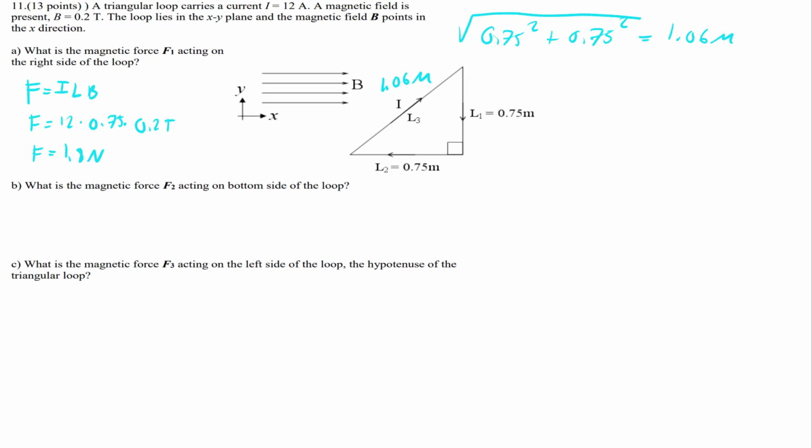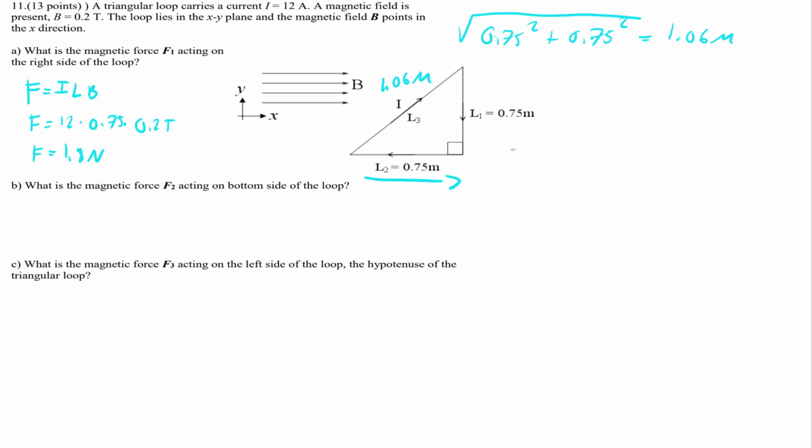Okay, now we have to figure out the magnetic force F2 acting on the bottom side of the loop. Well, notice that we have a B field going to the right, and our loop is going to the left. And these two are parallel. And what did I tell you just like 50 minutes ago about parallel field lines and currents?